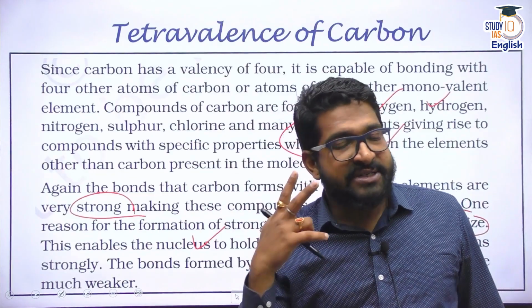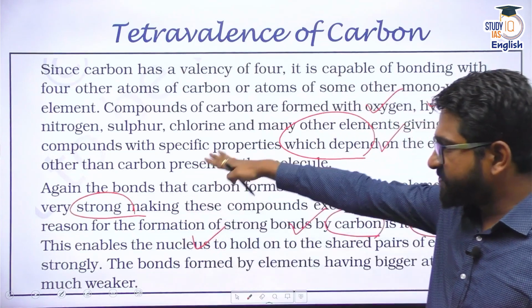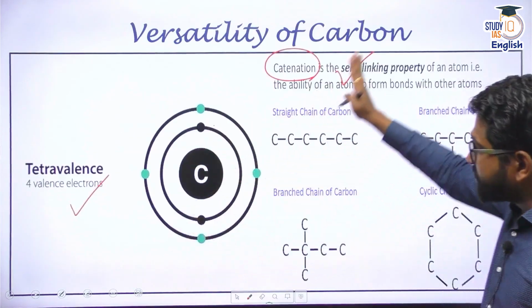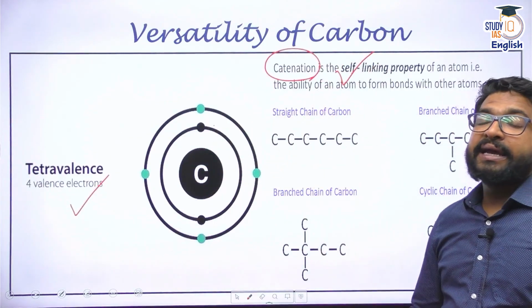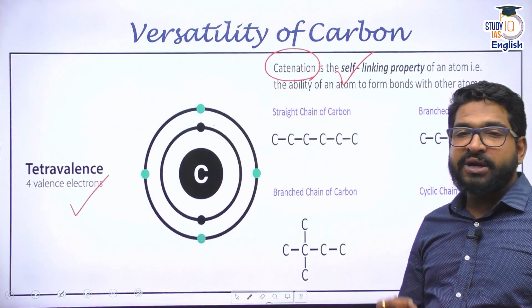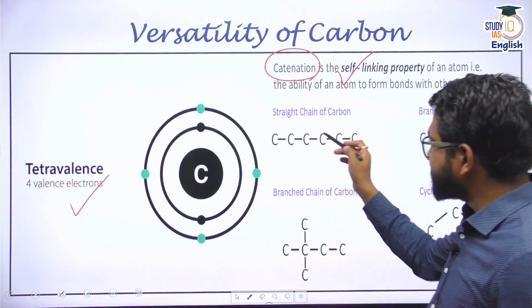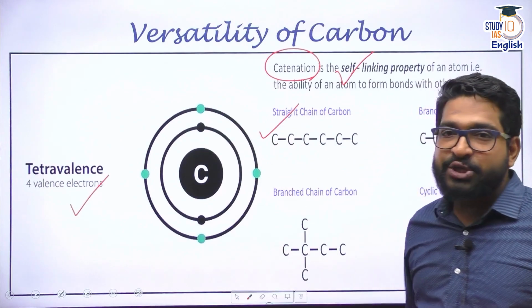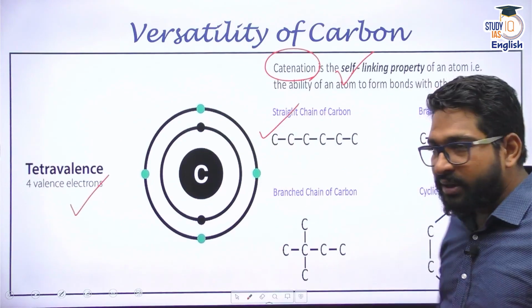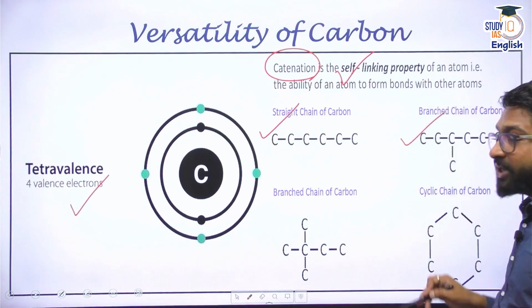So carbon is versatile because of two reasons. First is tetravalence, and the second is the property of catenation, where it can lead to formation of different kinds of branched molecules. For instance, carbon can lead to a straight chain carbon compound. Carbon can lead to a branched chain carbon structure.